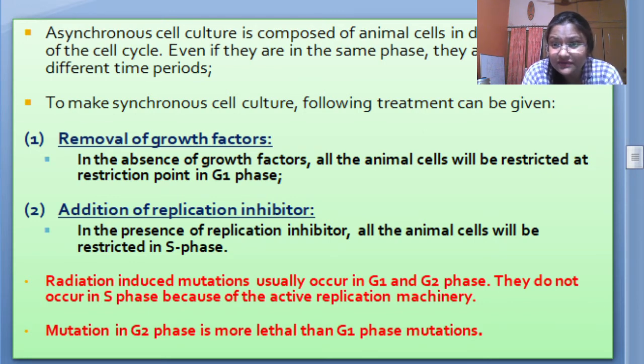So if replication does not occur, the entire DNA of the cell will not be replicated, and if DNA is not replicated, then what will happen? The cell will arrest in S phase. So this is how we can form a synchronous culture and restrict it in the S phase by adding a replication inhibitor.